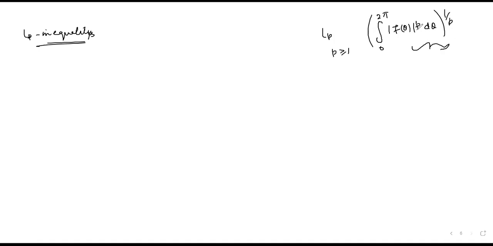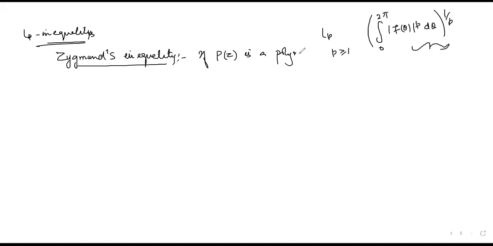So the first one is Zygmund's inequality. Zygmund's inequality, I think you may not know it fully. Now if p of z is a polynomial of degree n, then as I said, for p greater than or equal to 1, for this norm to make sense, basically the triangle inequality holds only when p is greater than or equal to 1, which we call Minkowski's inequality.